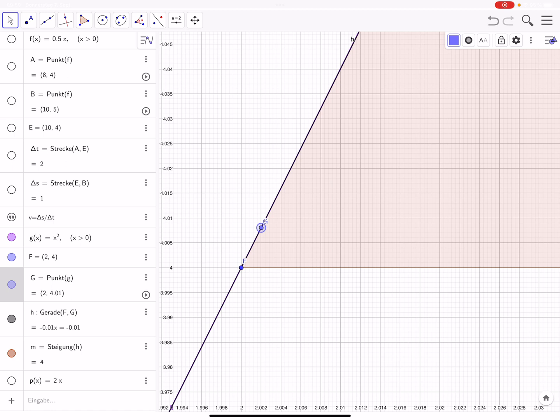So we have seen what happens if we want to have the momentary speed at one point. Another reason why this is happening is a result of the formula, because you see that we are dividing by delta t. So if we set delta t to 0, a single point, we have a division by 0 which is not defined.